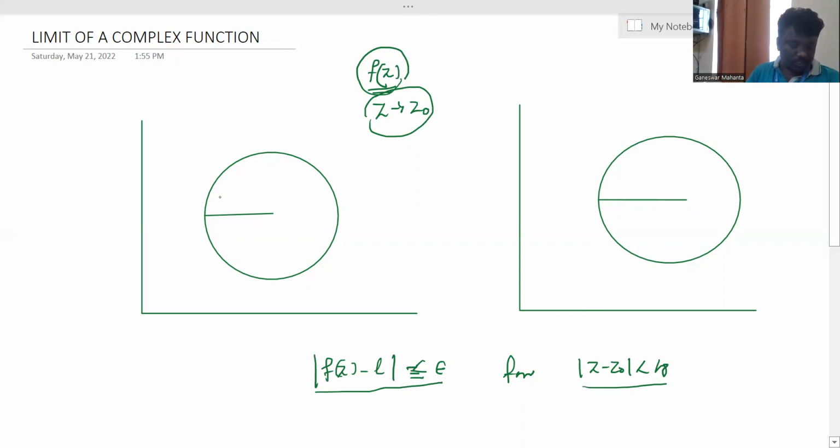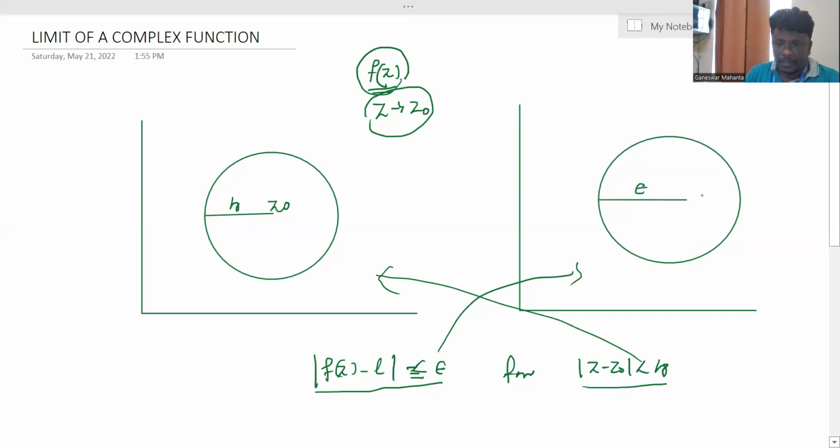This is delta, and the center is z0, and this is epsilon, and the center is L.